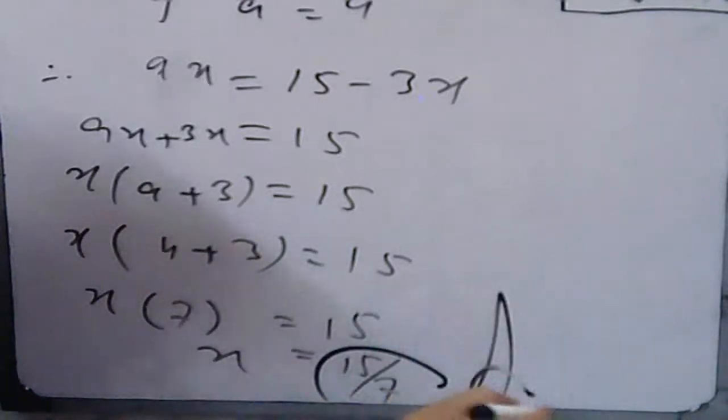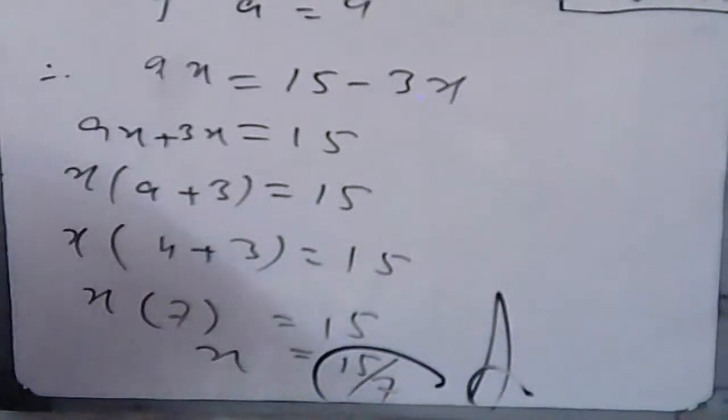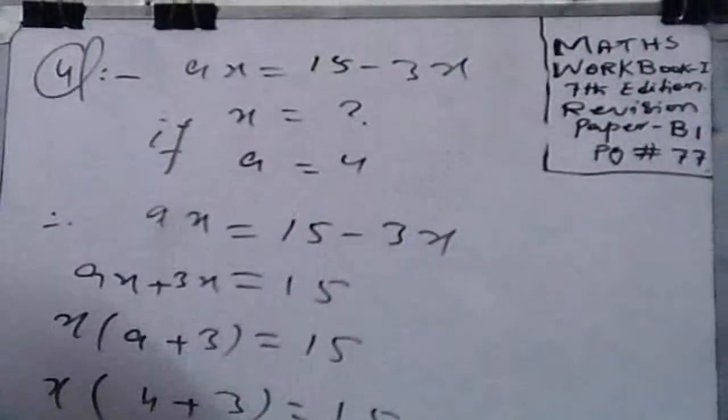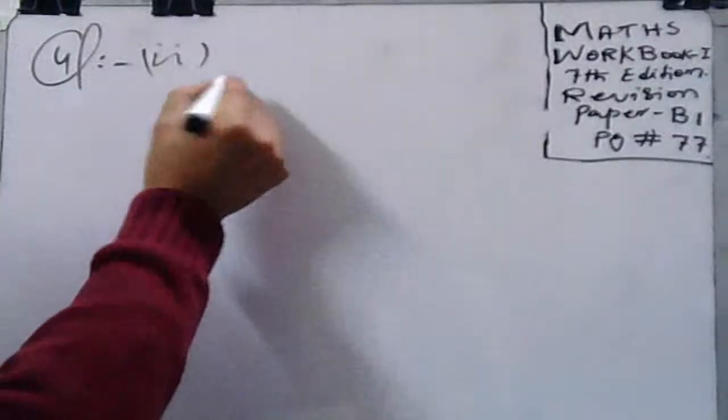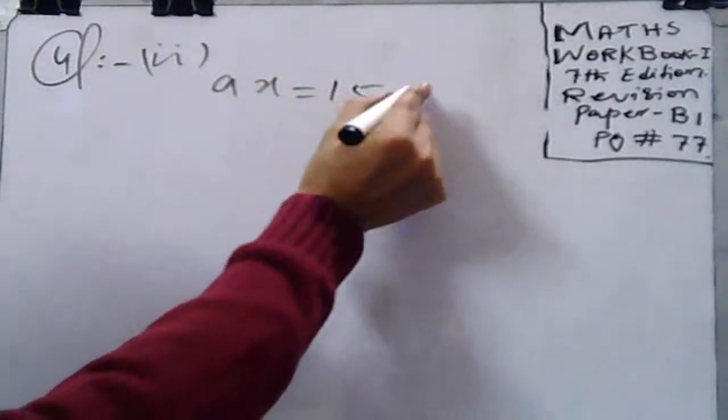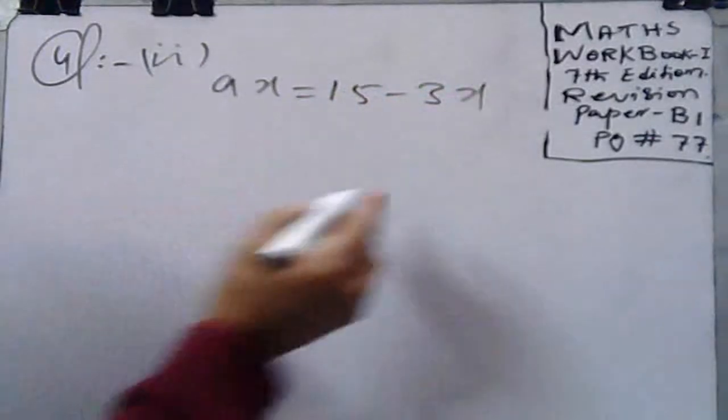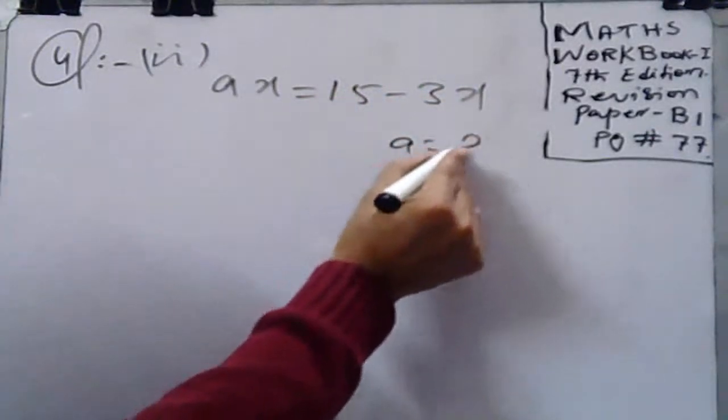Now coming to the second part of the fourth question. In the second portion, ax is equal to 15 minus 3x. Now we have to find the value of a if x is equal to 4.